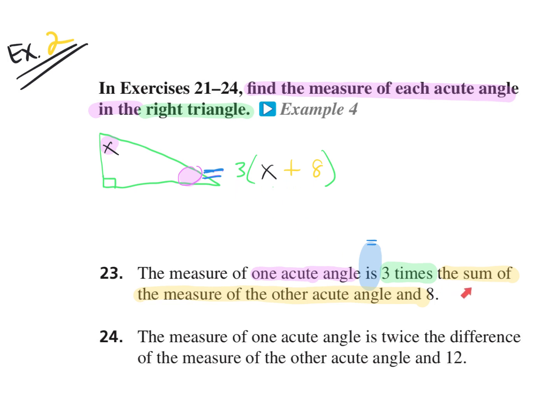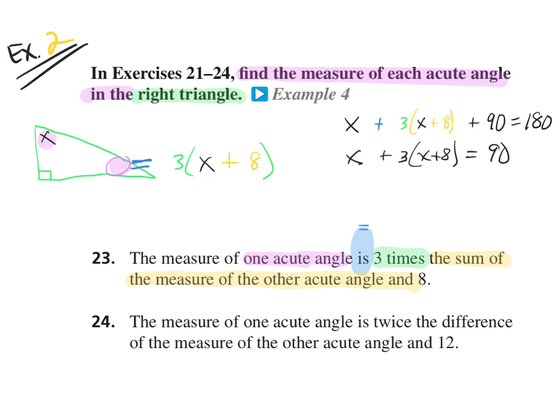What are we multiplying 3 by? The sum, which is adding, of the other angle and 8. So these are the expressions for our acute angles, and we know that this angle plus 90 is 180. Or our two acute angles added together equal 90.